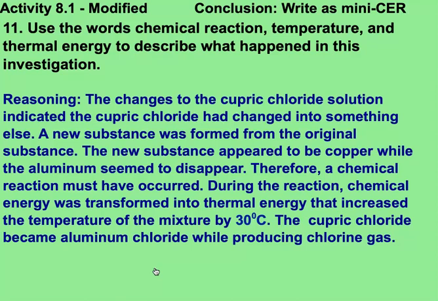The new substance appeared to be copper, while the aluminum seemed to disappear. Therefore, a chemical reaction must have occurred. During the reaction, chemical energy was transformed or converted into thermal energy that increased the temperature of the mixture by approximately 30 degrees Celsius, on average for the data I showed you before. The copper chloride became aluminum chloride while producing chlorine gas.